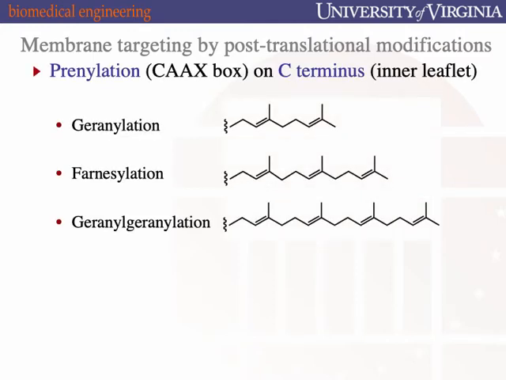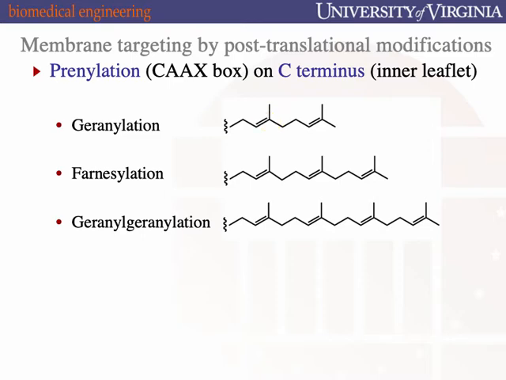The first category that we'll discuss is a hydrophobic modification called prenylation. And what a prenyl group are these hydrocarbons here, double bond, single bond, and then a branch here.